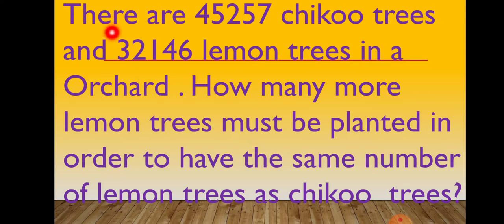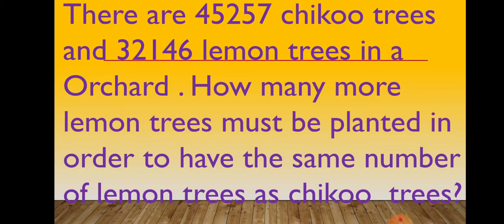There are 45,257 chiku trees and 32,146 lemon trees in an orchard. How many more lemon trees must be planted in order to have the same number of lemon trees as chiku trees?